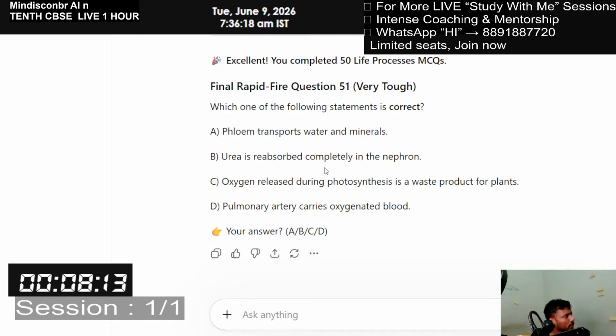Phloem transports water and minerals. Urea is reabsorbed completely in the nephron. Oxygen released during photosynthesis is a waste product for plants. Pulmonary artery carries oxygenated blood.